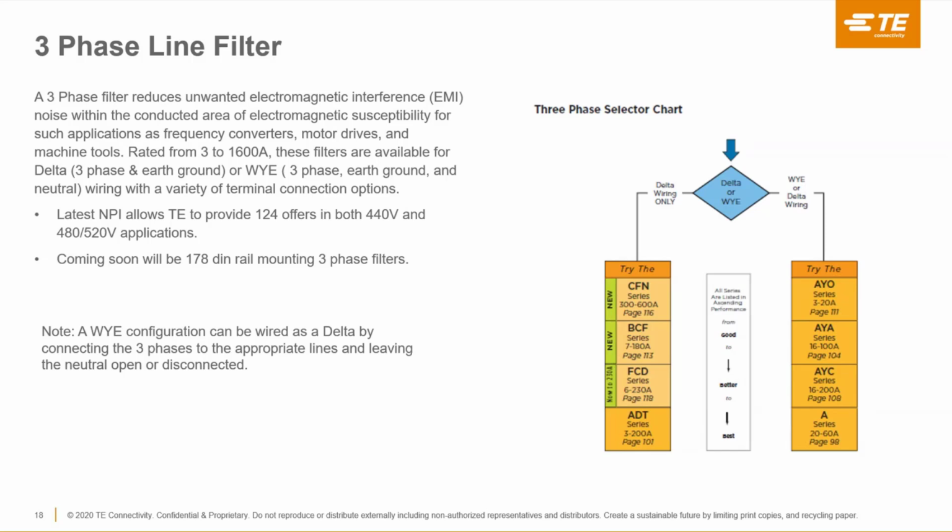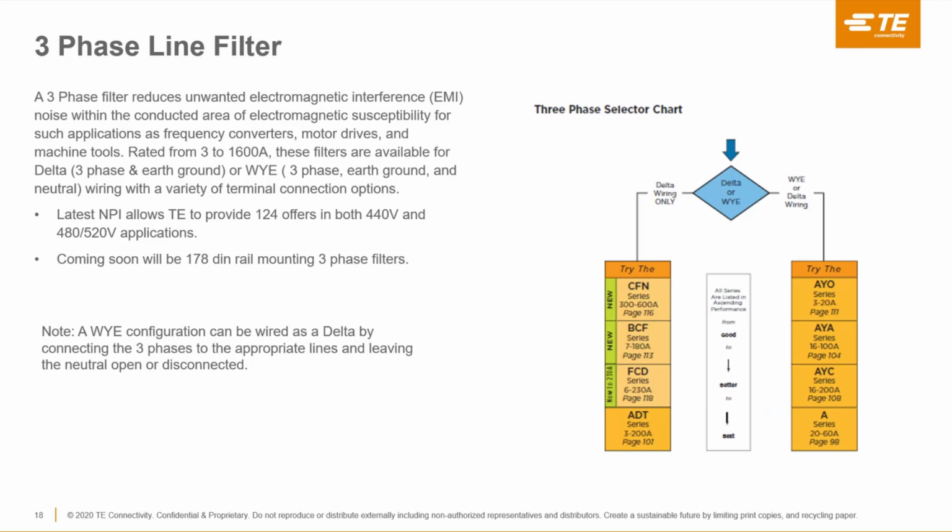Again, rated for 3 to 1600 amps. The latest NPI allows you to provide 124 offerings in both 440 and 480/520 volt applications. Coming soon, we are getting ready to do some extensions off of these to offer 178 DIN rail mounted part numbers. One thing I want to note here is that the Y is 4 wires and the Delta is 3.